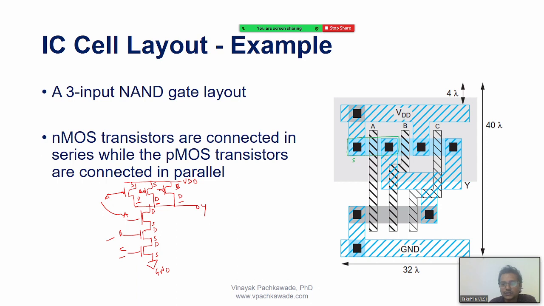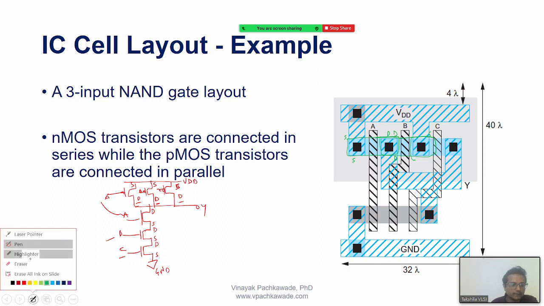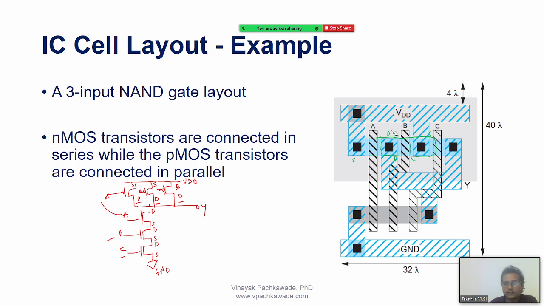Okay, so this is source and the drain. Let me write here source and the drain. This is my second transistor, so this is again drain and the source. Now we made a mistake again, wait, don't get confused here.